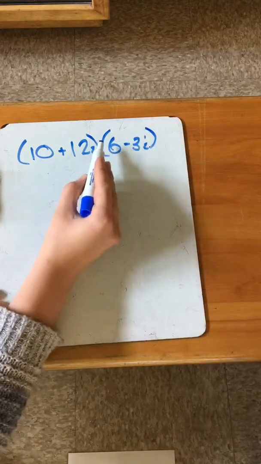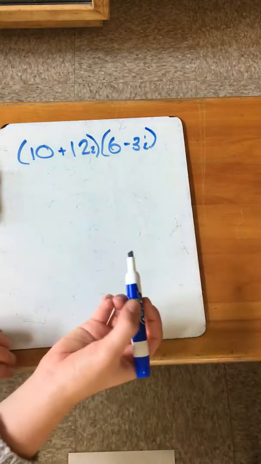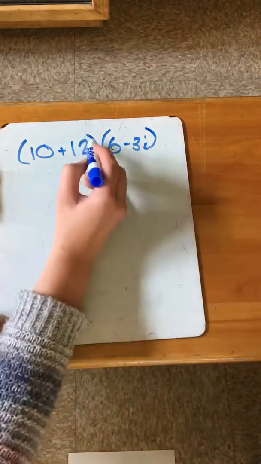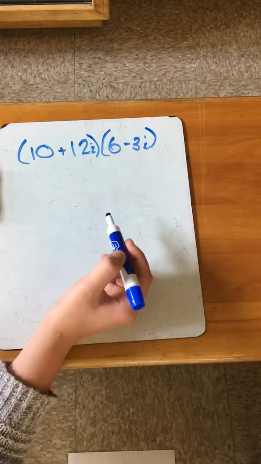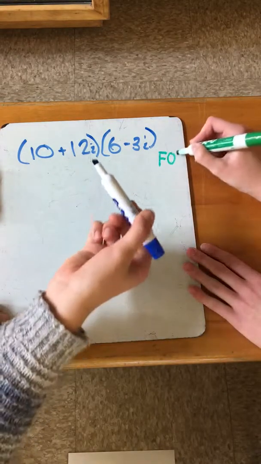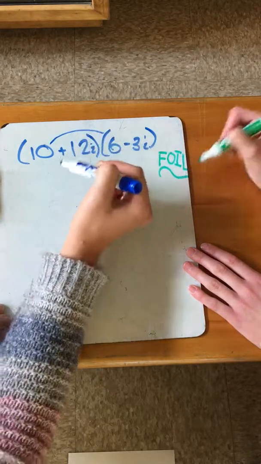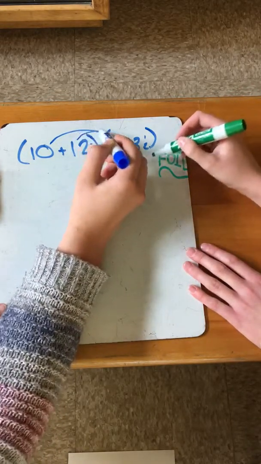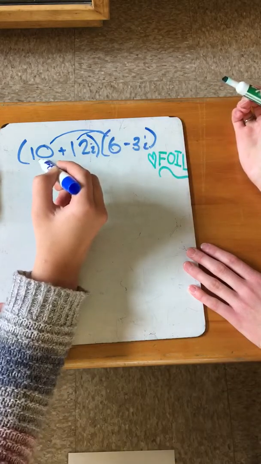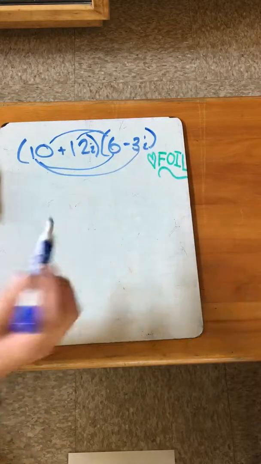Now remember, you don't have to have a sign in between them because parentheses imply multiplication. Now with this, you are going to have to FOIL. You can't just go multiplying willy-nilly. So the first idea is multiply first, inner. You get the idea.